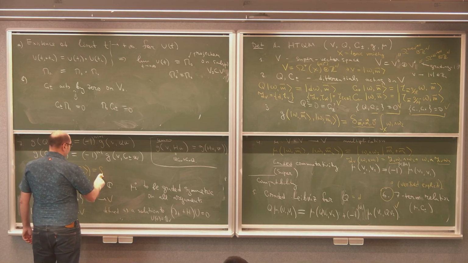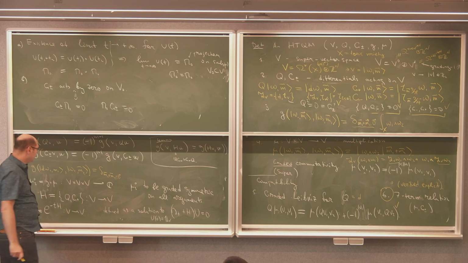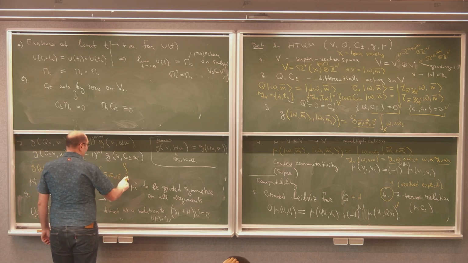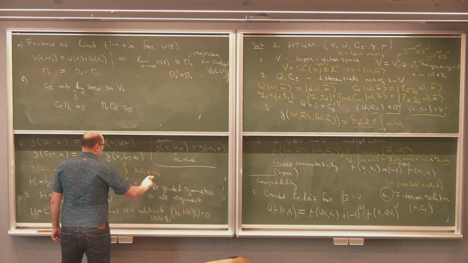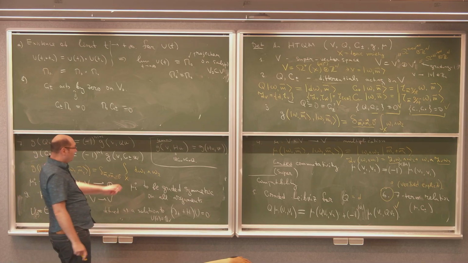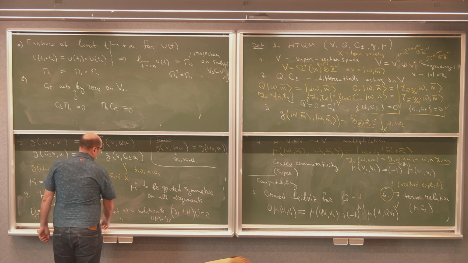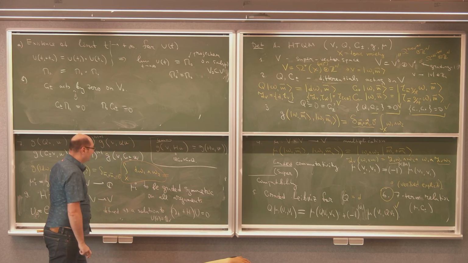Once again we check that m1 plus m2 is the zero vector, and then we integrate over X of omega 1 wedge omega 2. X is a compact manifold, so we can integrate this term by parts.